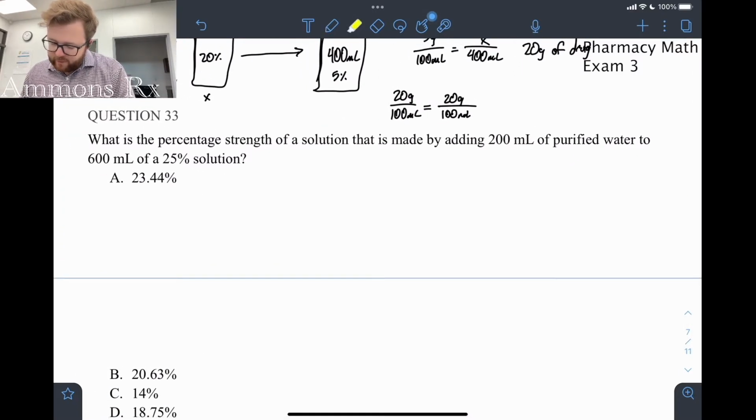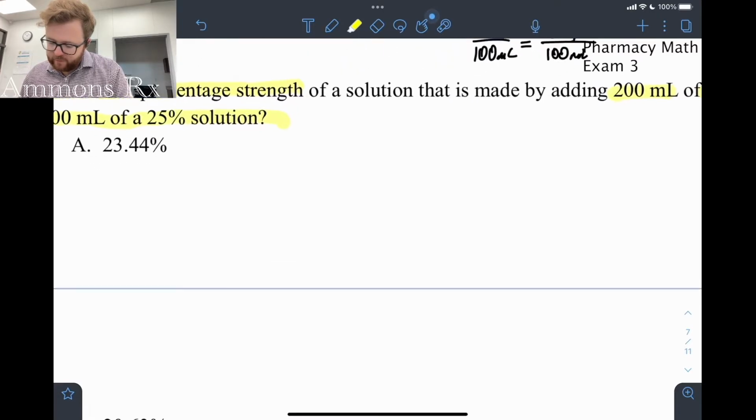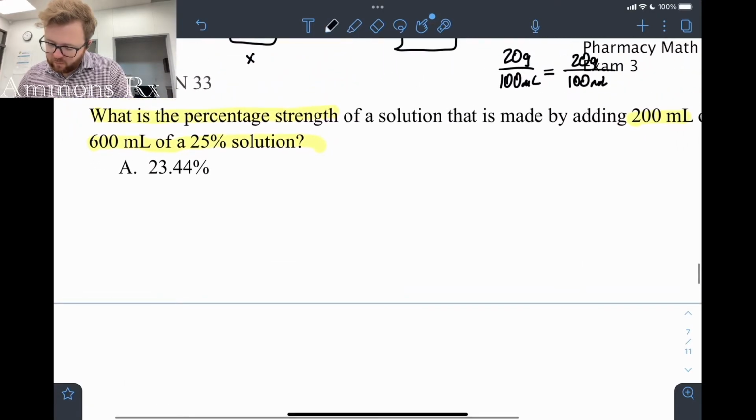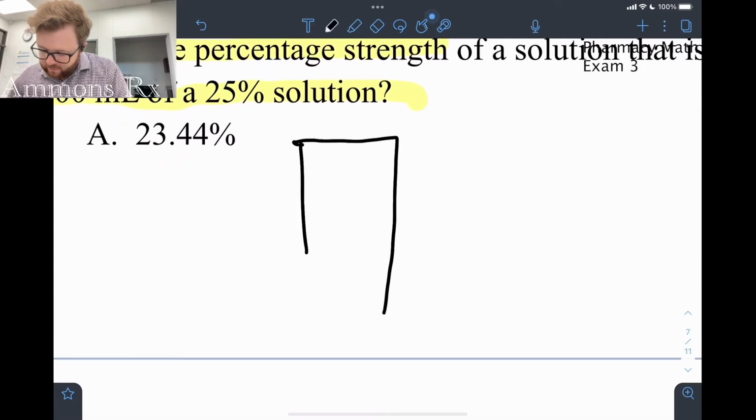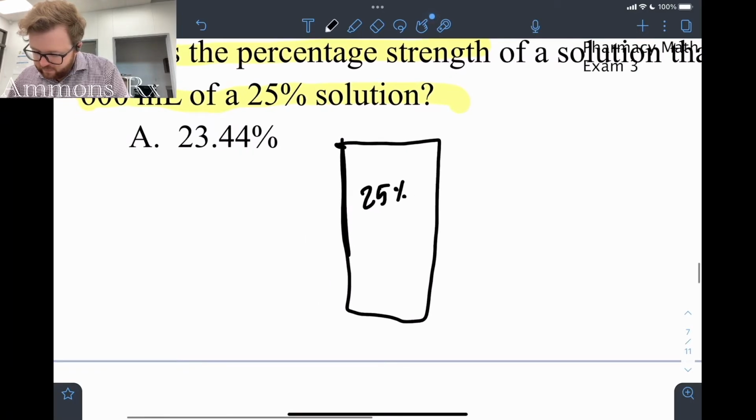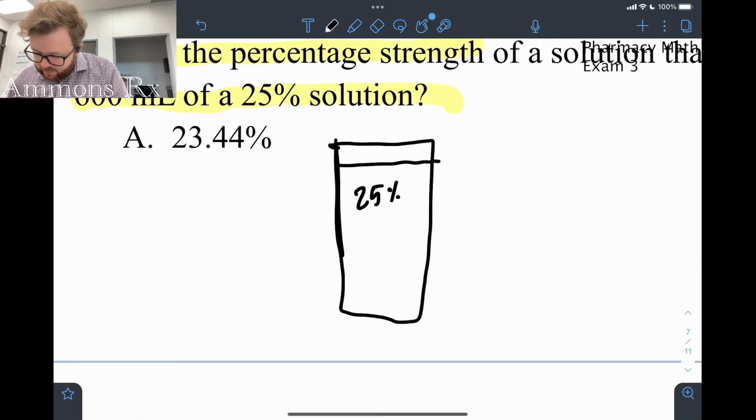What is the percentage strength of a solution that is made by adding 200 mils of water to 600 mils of a 25% solution? So I'm going to start by drawing this container of a 25% solution, 600 mils.